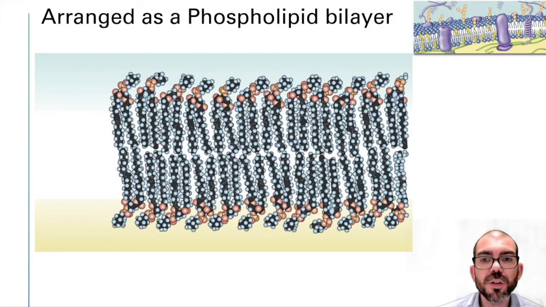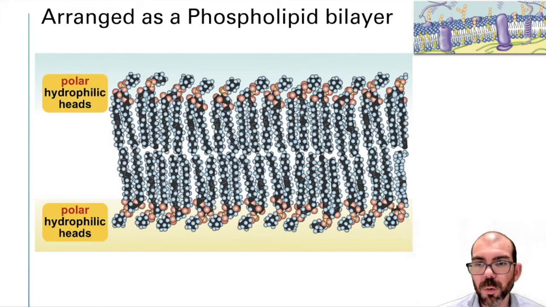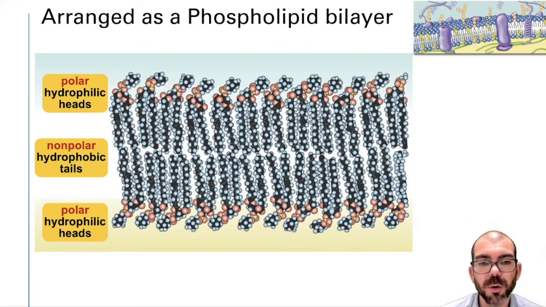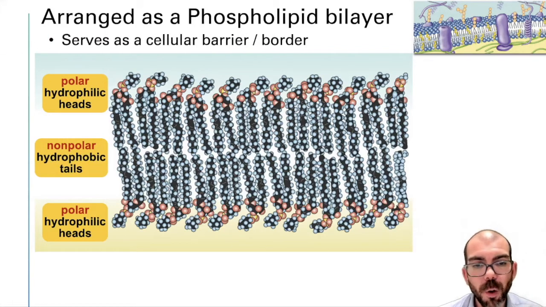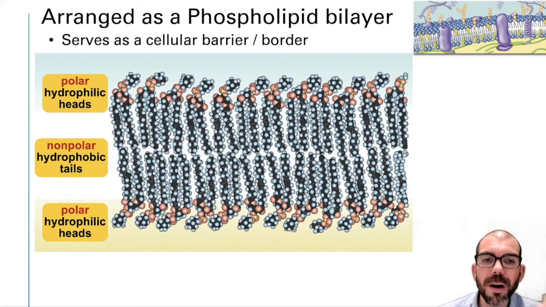To give you a more zoomed in look at this phospholipid bilayer, we have those two polar hydrophilic regions pointing outside and in, and the central nonpolar region where polar activity is not going to occur. This is what gives us a cellular barrier or border that's going to be able to keep inside in, outside out, and regulate what is entered by chemical means.